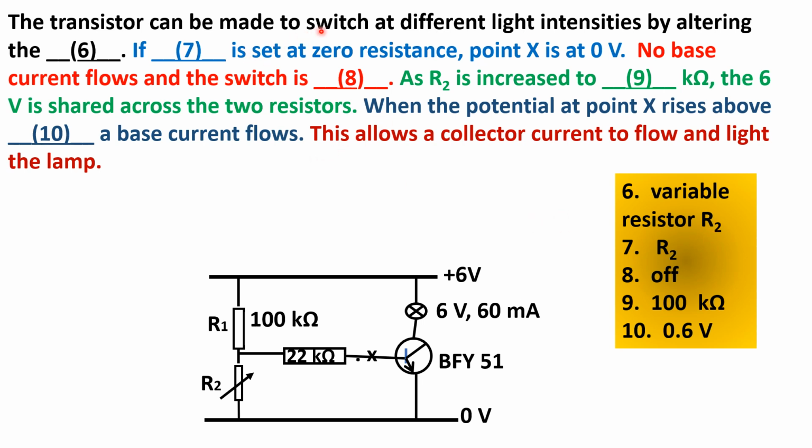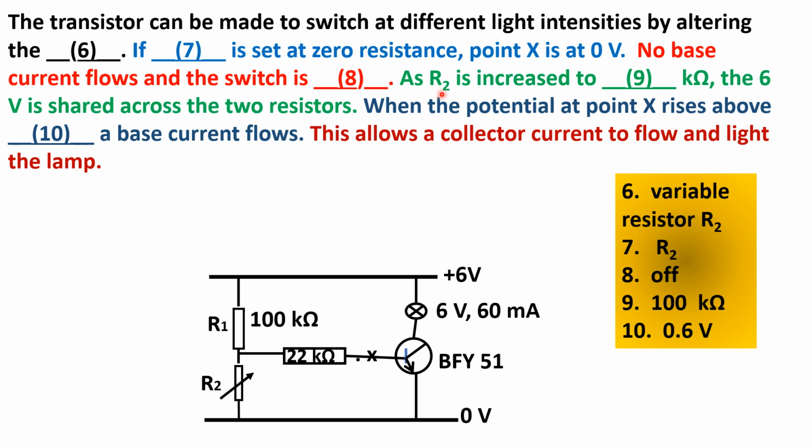The transistor can be made to switch at different light intensities by altering the variable resistor R2. If, number 7, R2 is set at 0 resistance, point X is at 0 volts, and no base current flows, so the switch is, number 8, off.